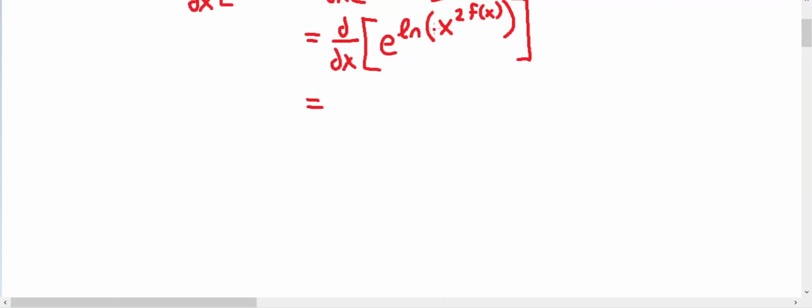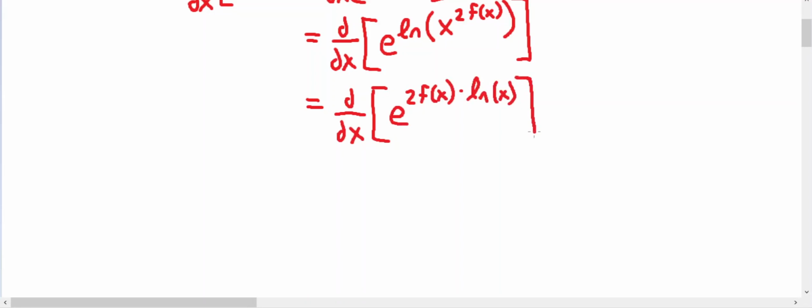First notice that 2f(x) is the entire exponent of the base x. So using logarithm laws, we can bring this out as a coefficient and get d/dx of e to the 2f(x) times ln x. And this looks a lot better because now we can just take the derivative of e and its proper exponent using the chain rule.